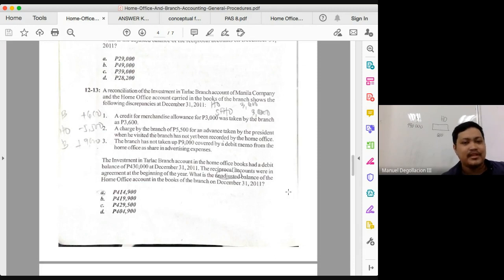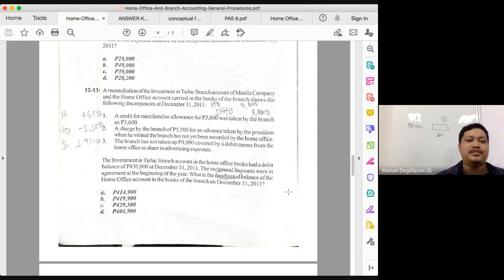Okay? I got confused because in the exam, I switched the 3,600 and the 3,000. Of course, the effect would be different. And again, needless to say, this problem also will come out in our exam on Thursday. I switched the 3,000 and the 3,600.